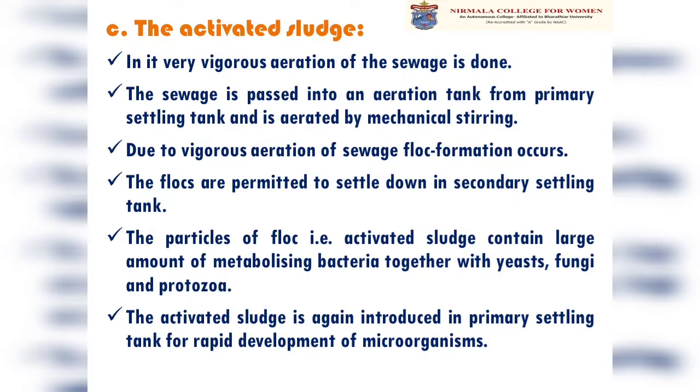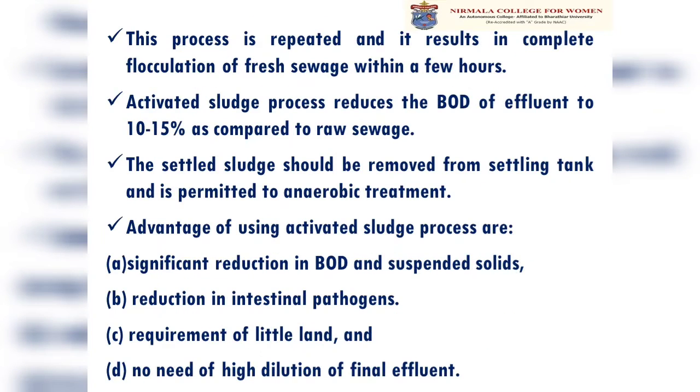The particles of floc, that is activated sludge, contain a large amount of metabolizing bacteria together with yeast, fungi and protozoa. The activated sludge is again introduced in the primary settling tank for rapid development of microorganisms. This process is repeated and it results in complete flocculation of fresh sewage within a few hours.